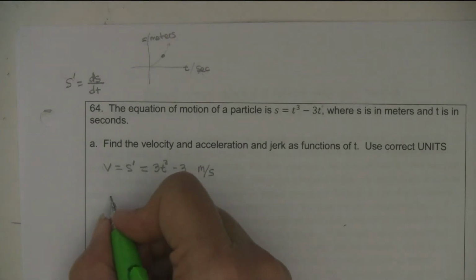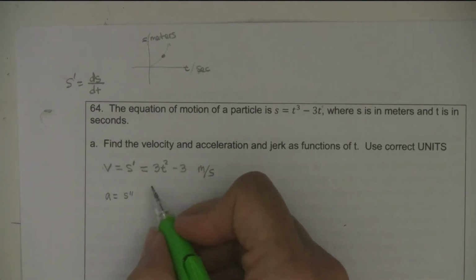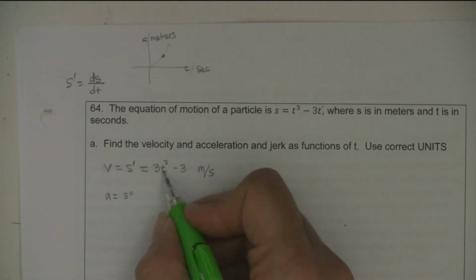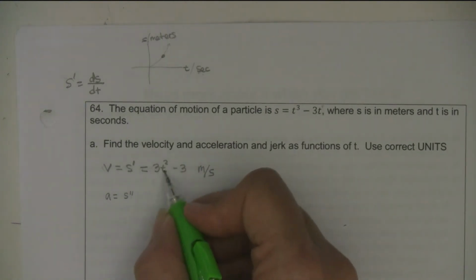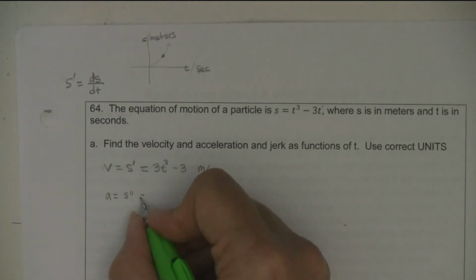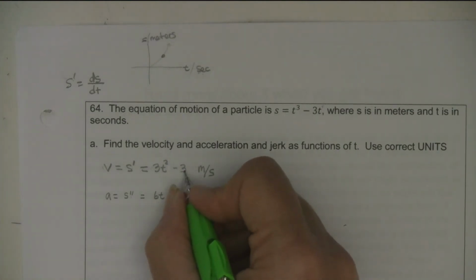Now they asked me to find the acceleration. The acceleration is the second derivative, and all you have to do to find the second derivative is find the derivative of the derivative. So take the derivative of this, which would be this, and then take the derivative of this: the 2 would come down in front, so that'd be 6t to the first, and then a constant.